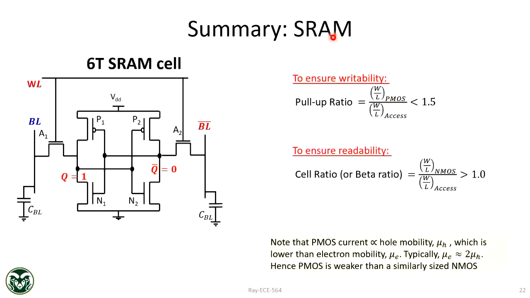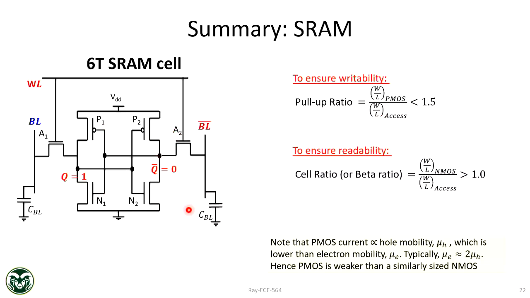Okay, so let's summarize. We talked about 2 important constraints. For good writability, pull-up ratio, you have to design in such a way that the access transistor wins. Because the access transistor will decide whether write will take place or not, right? Because PMOS will always oppose the write operation, and that is given by this pull-up ratio constraint.